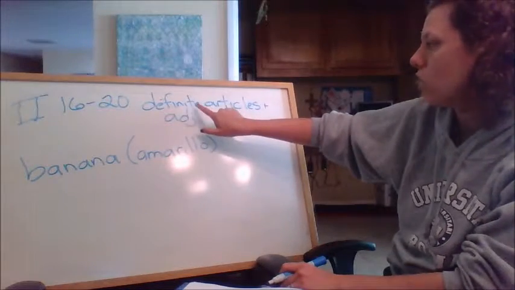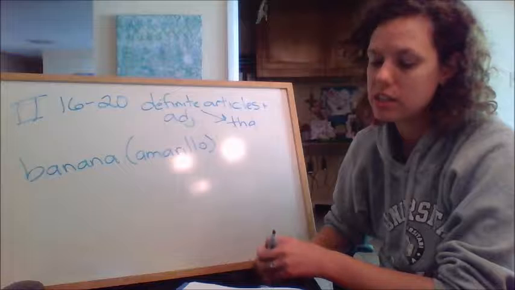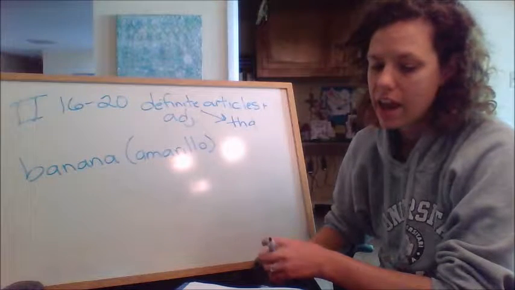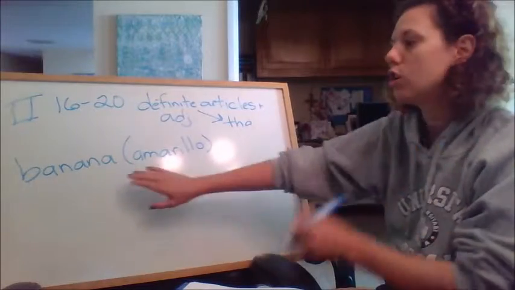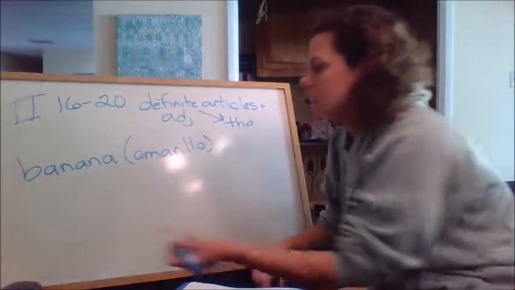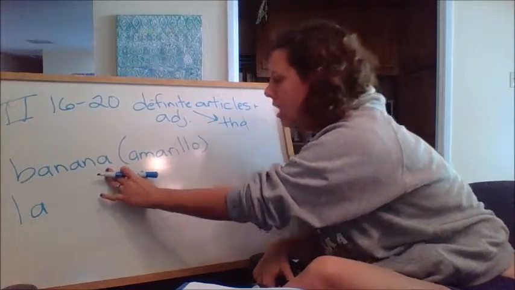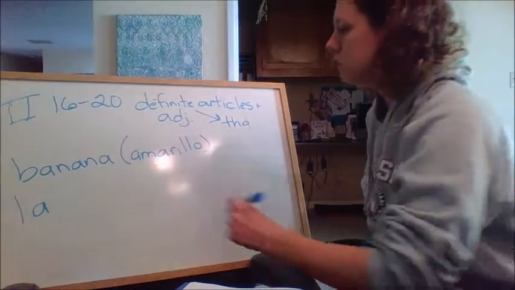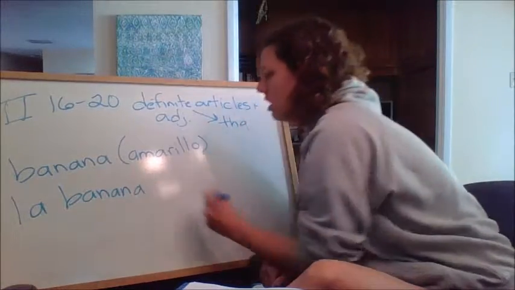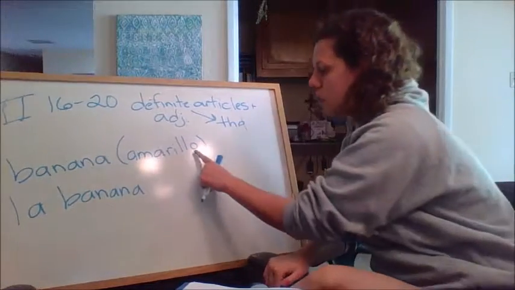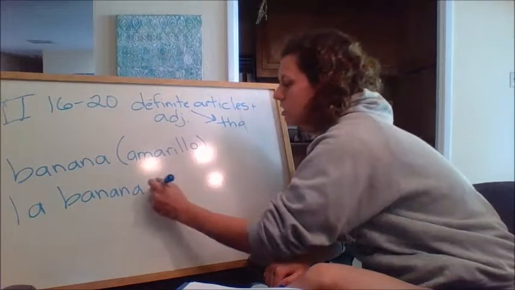Since we're doing definite articles with this as well, the directions say write the correct form of the definite article and adjective to match the noun. So the definite article that's going to go with banana is la, because it's feminine and singular. So we say la banana, and then we have to make this feminine because it ends in an O, so we care about gender with this one.